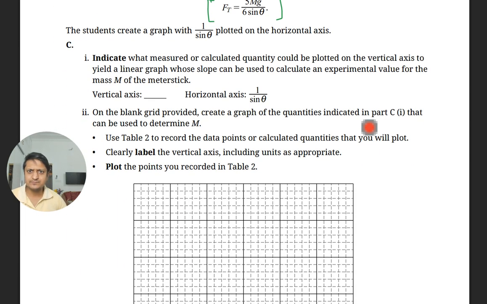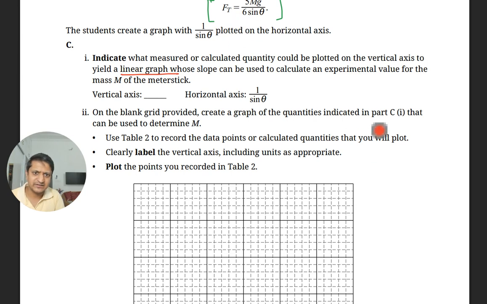Now they say: indicate what measured or calculated quantity could be plotted on the vertical axis to yield a linear graph whose slope can be used to calculate an experimental value for the mass m of the meter stick. First of all, you see that they are saying a linear graph is needed.